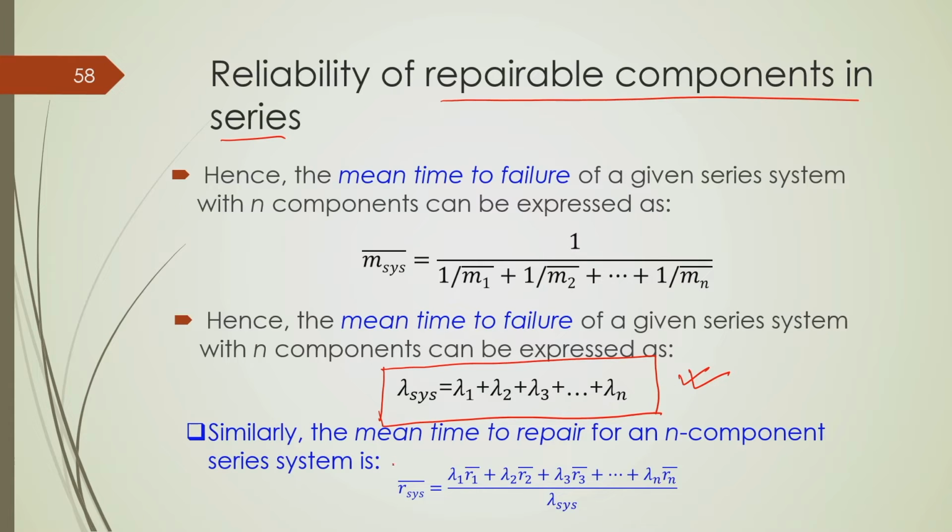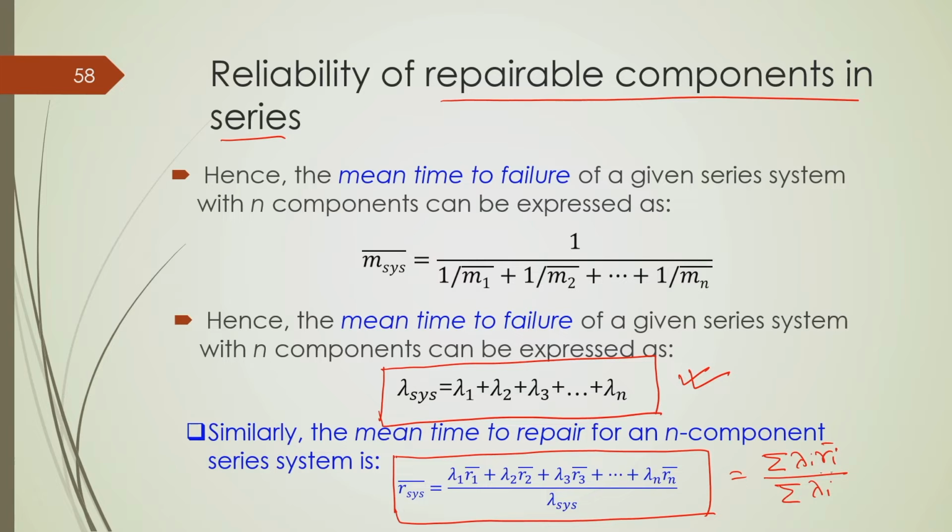We already determined this R C bar, which represents summation of lambda I R I divided by summation of lambda I, where lambda I is the failure rate of the ith component or ith subsystem, and R I represents the average repair time of the ith component.